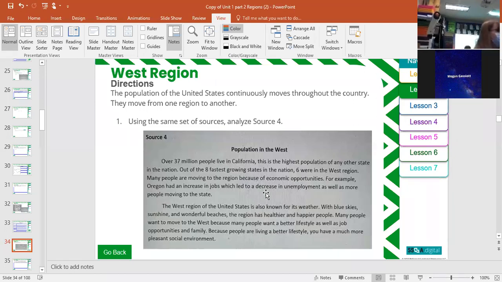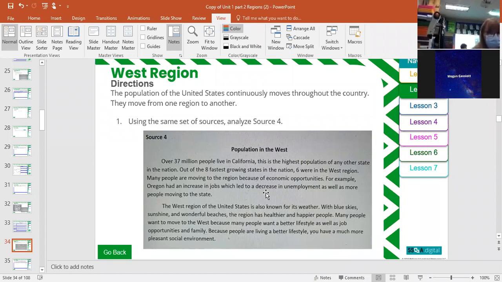The fact that 75% of the fastest growing states were all located in the West means there's lots and lots of job growth in the West. That would be a really good statement in your paragraph.